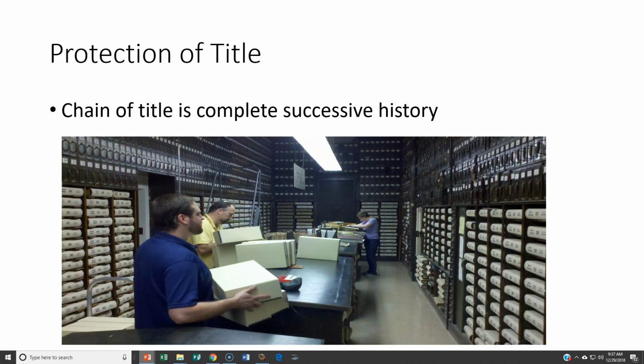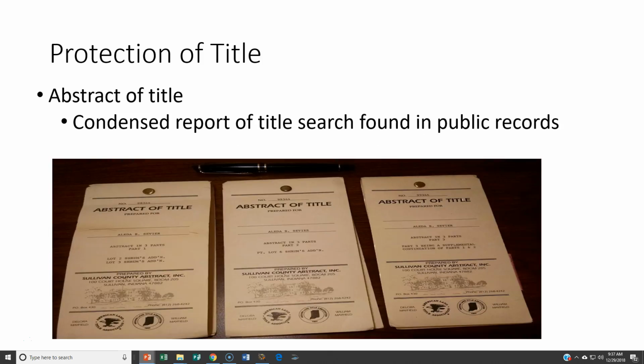This is what it can look like in a courthouse. You have abstractors, researchers that go into the courthouse, can be done online now of course, and literally go and dig out the chain of title. And then they prepare maybe an abstract. Once again, this is an old-fashioned one, but here's a typical example of an abstracted title.